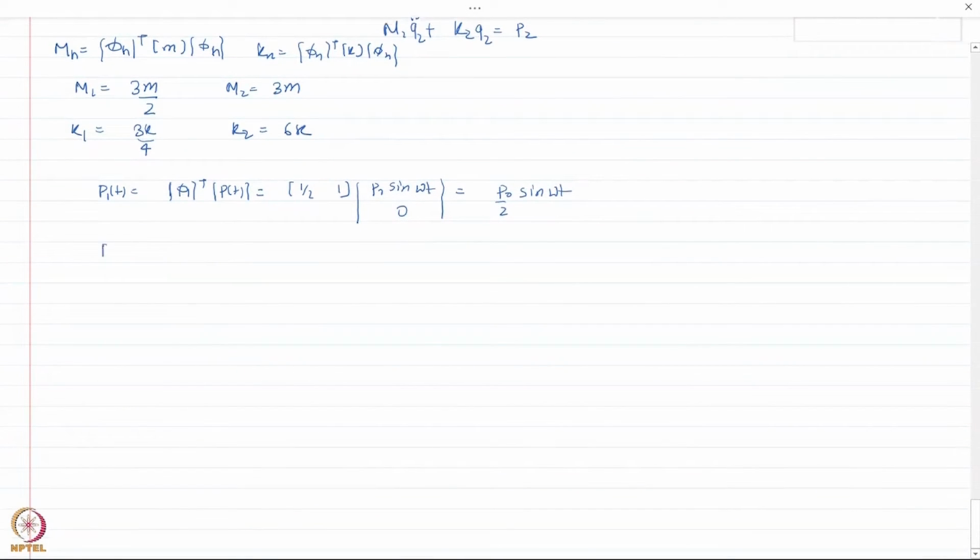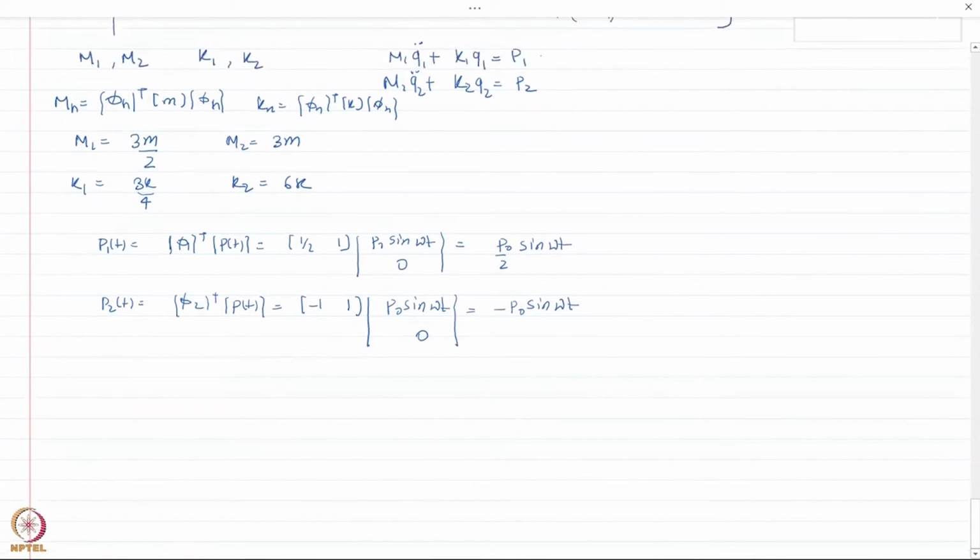Similarly, my P2(t) for the second mode is the mode shape transpose, which is -1 and 1 here, times the same vector, and this gives me minus P naught sine omega t. So the two equations that we are solving become this equal to P naught by 2 sine omega t, and this equal to minus P naught sine omega t. These are the two equations that we are trying to solve here.